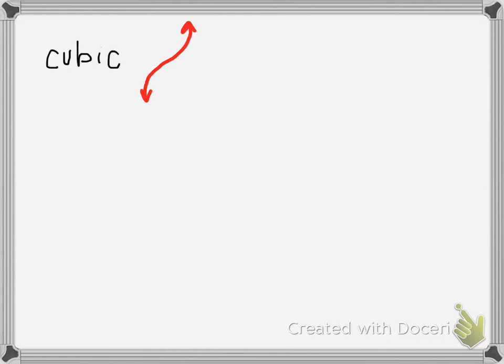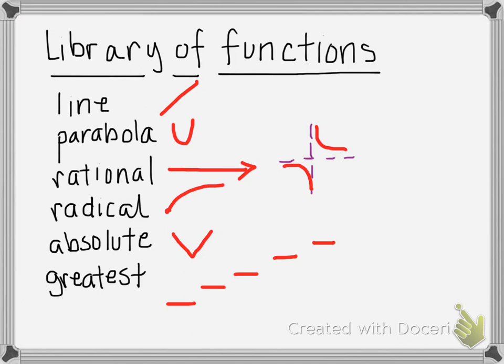Now the idea is that once I know the family of functions, I want to be able to recognize it whenever I see it in an equation and have an idea about what shape to expect. So when I see an equation like this, say y equals 3x minus 2, I know that's a line.